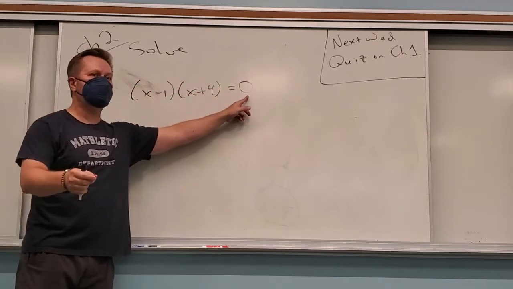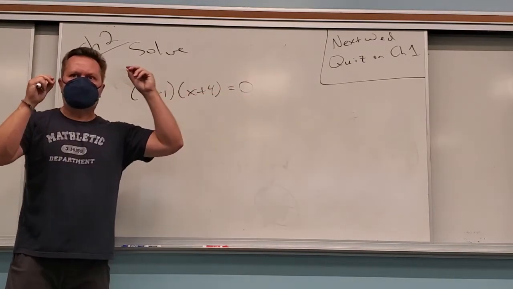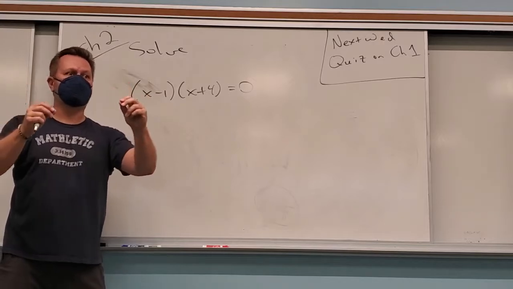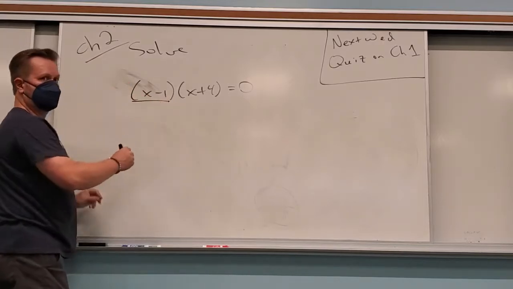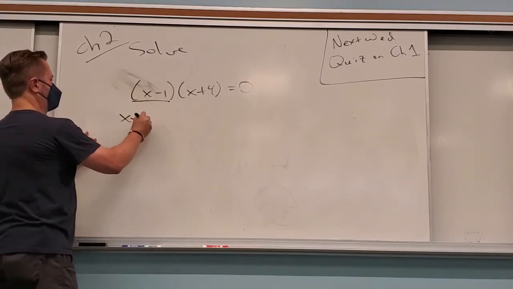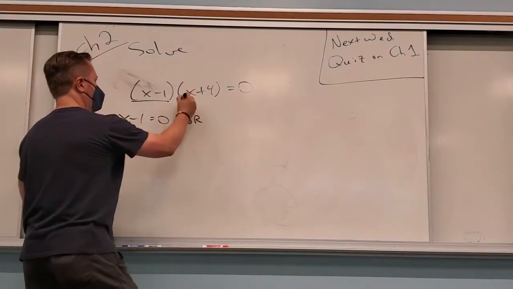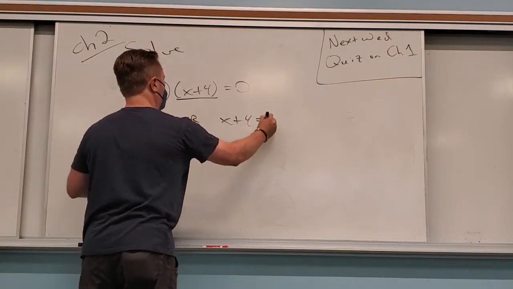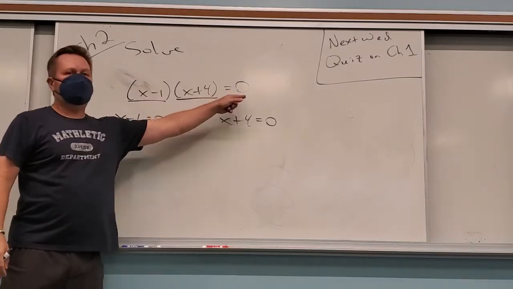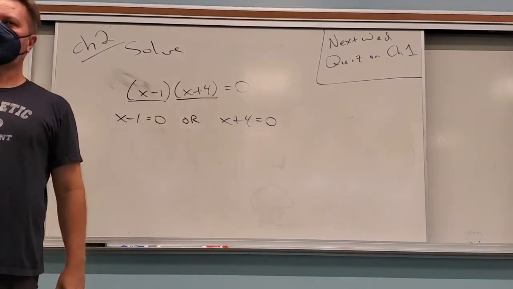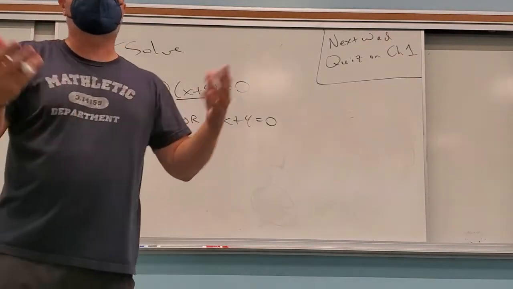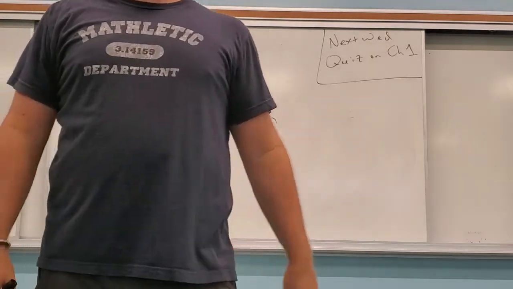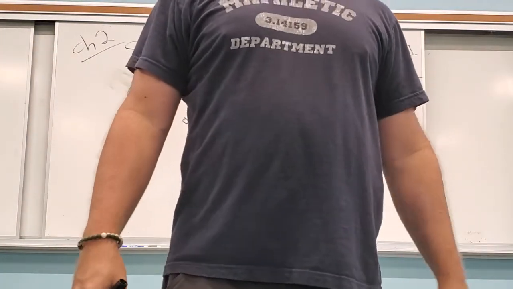What did we just say? Since they equal 0, we know something for certain. What must happen? Either this is 0, or this is 0. If this was 8, I'm screwed, right? I can maybe kind of guess and check, but if the answer is 7.2839, I get to guess and check that.